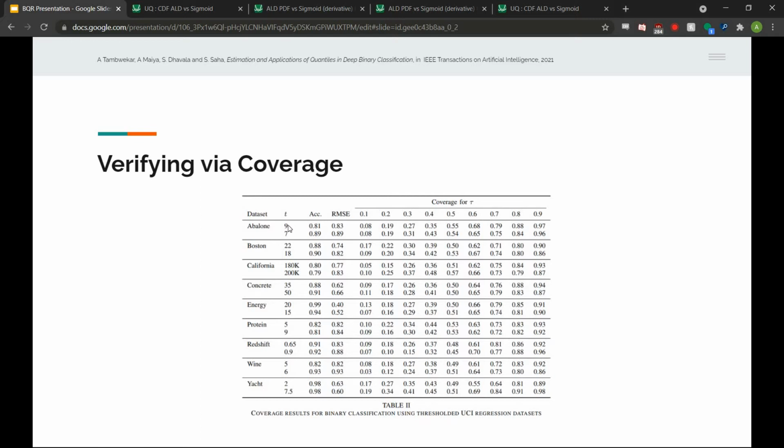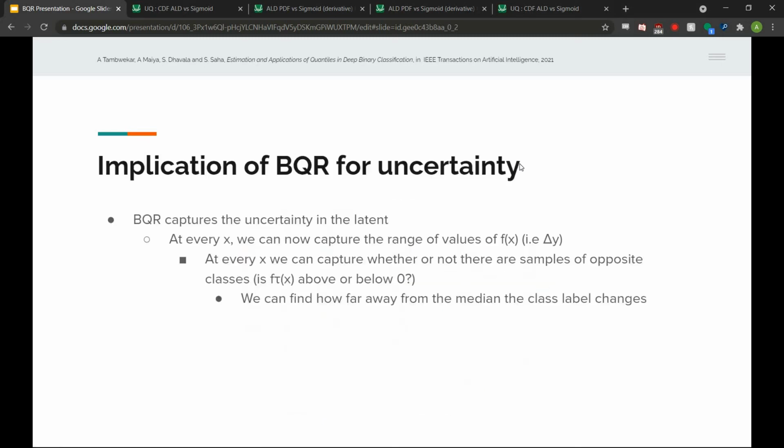So in this case, we have almost even class labels, so about a 50-50 distribution with the first threshold value. And the second threshold value usually corresponds to a more imbalanced classification setting of close to about 80-20. In both cases, we see fairly good results, especially towards the center after we start looking at 0.2 to 0.8 quantile values.